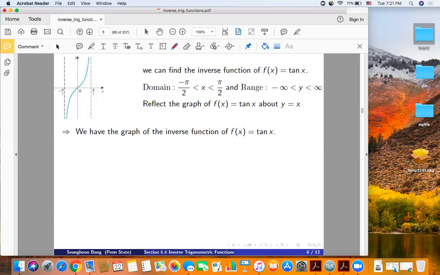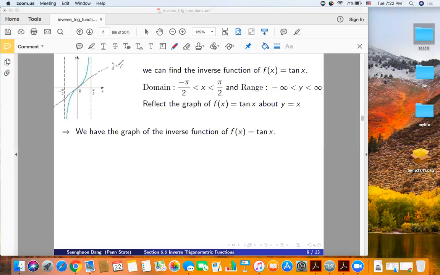How can you find the same things? You can draw y equals x here.